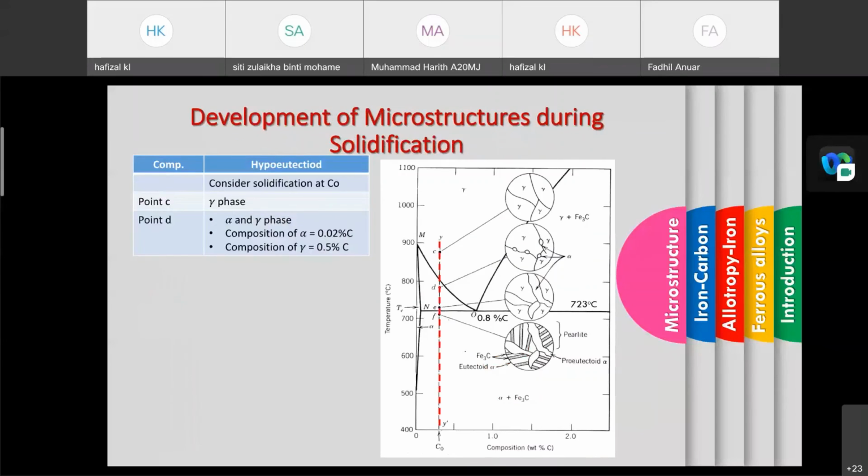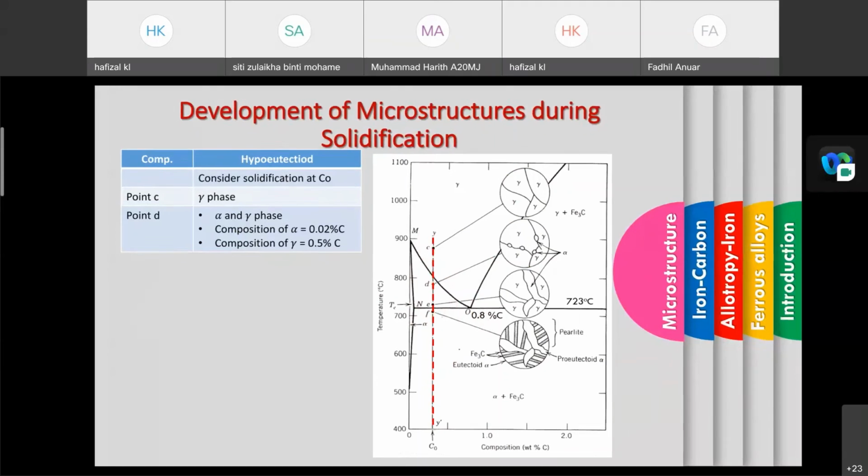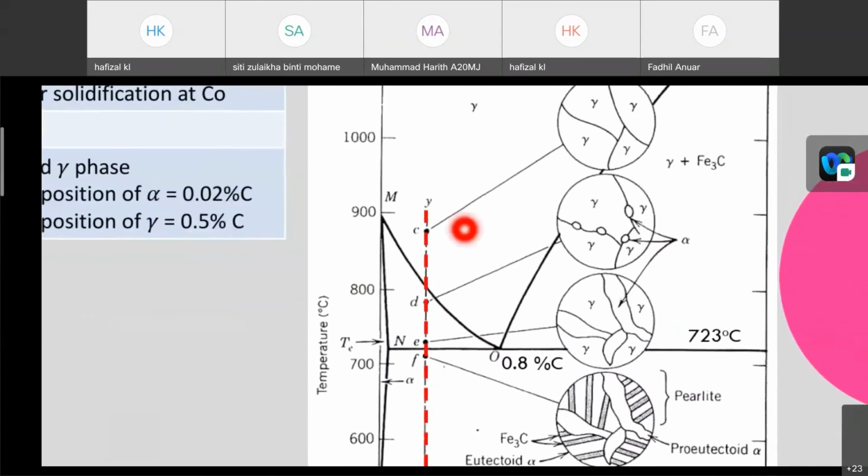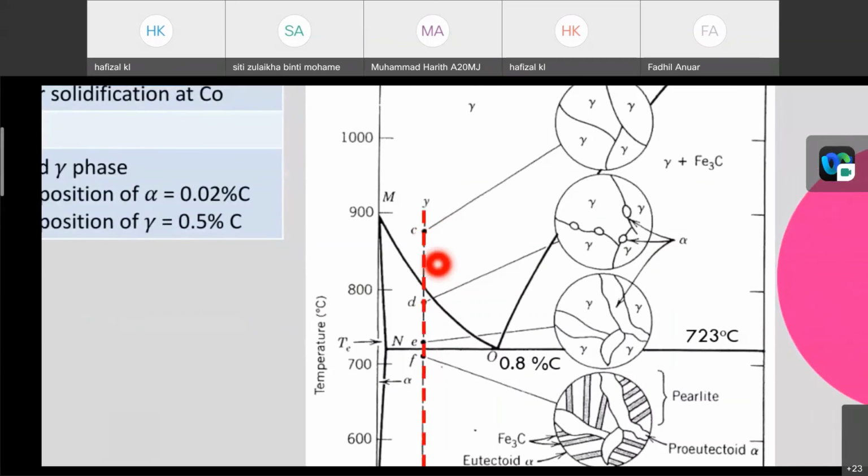Okay, and what will happen if you look at the region of the hypoeutectoid, whereby the carbon content is below 0.8, indicated at this line here? So what will happen at point C, and also at point D here?